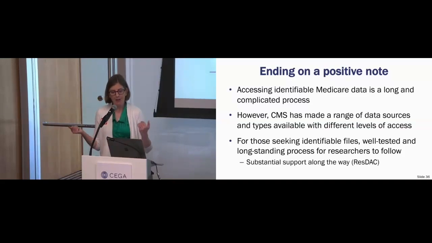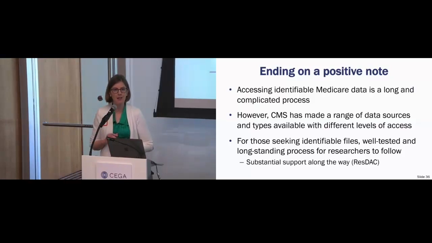So while accessing identifiable Medicare data is a long and complicated process, CMS has also made a range of data sources and types available with different levels of access. And for those seeking these identifiable files, a well-tested and long-standing process has been established for researchers to follow. So while it is painful and it takes time, you can get through it and you can get access to these data.